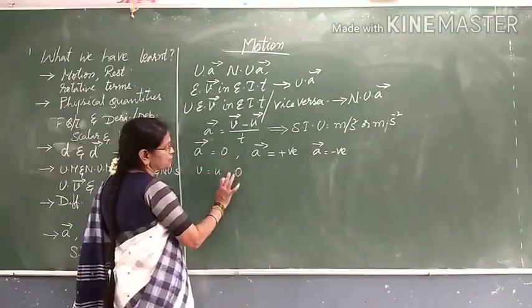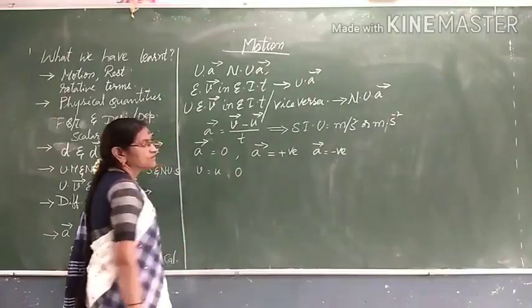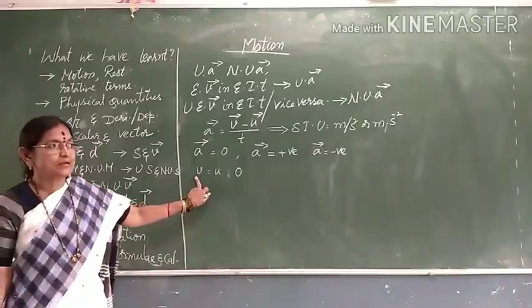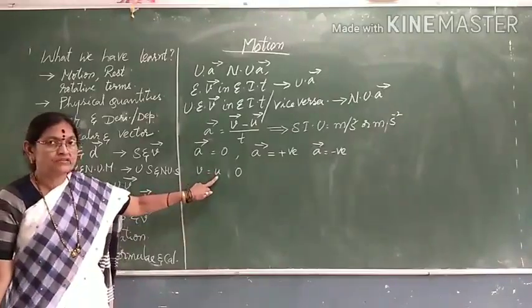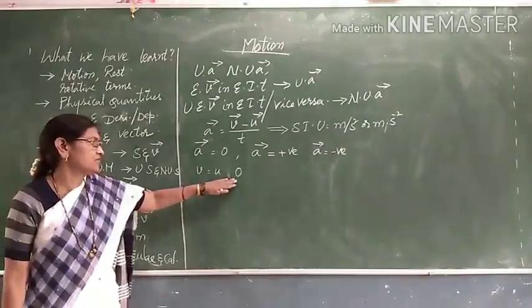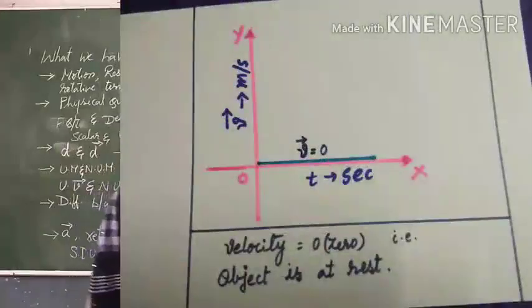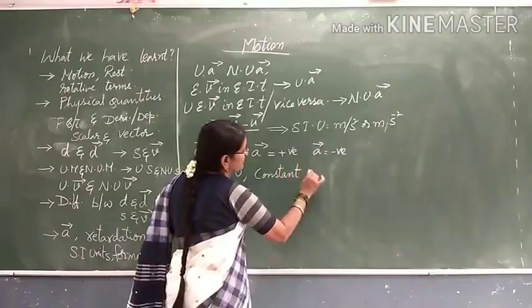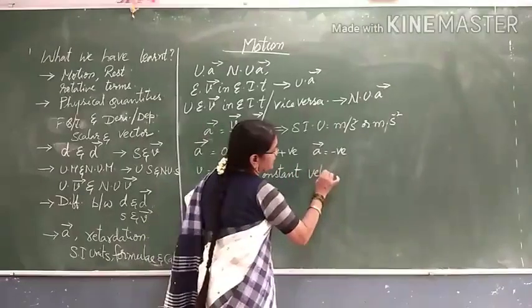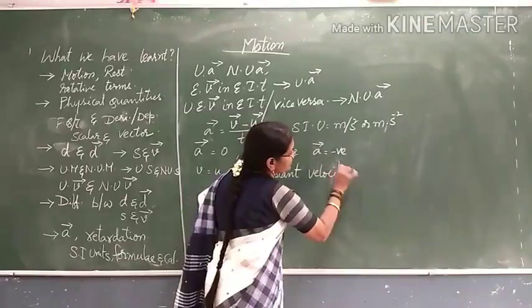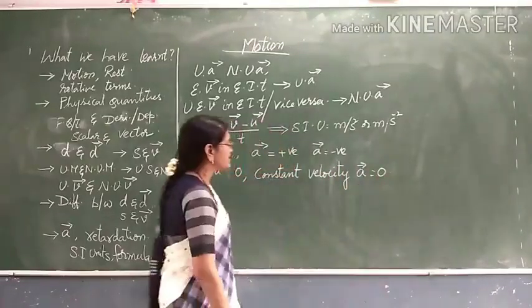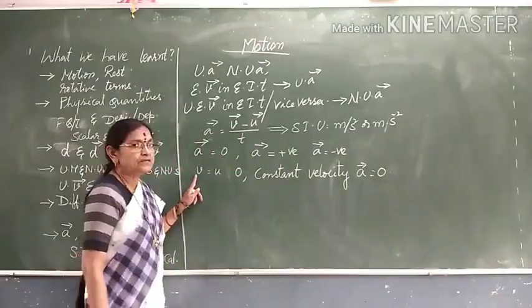When will the body possess zero acceleration? When v is equal to u, the acceleration will be zero. When final velocity is equal to initial velocity, then acceleration will be zero. When a body is moving with constant velocity, then what is acceleration? Acceleration is equal to zero. So in two cases, acceleration will be zero.